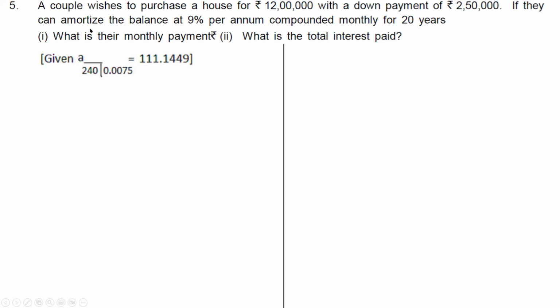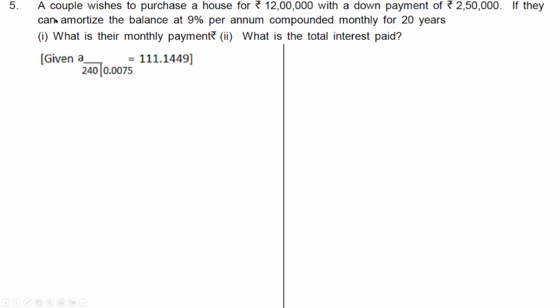Last question. A couple wishes to purchase a house for rupees 12 lakhs with a down payment of rupees 2,50,000. If they can amortize the balance at 9% per annum, compounded monthly for 20 years, what is their monthly payment in rupees? What is the total interest paid?